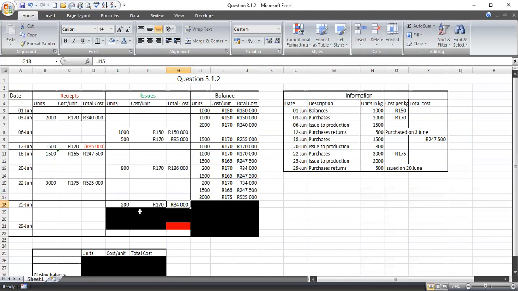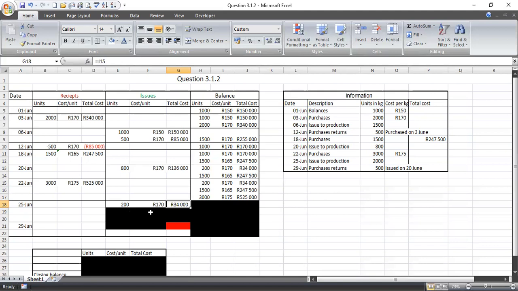So now that we have issued 200 units from the 2,000 units, the units still remaining to be issued are 1,800 units, because 2,000 minus the issued 200 gives us 1,800.